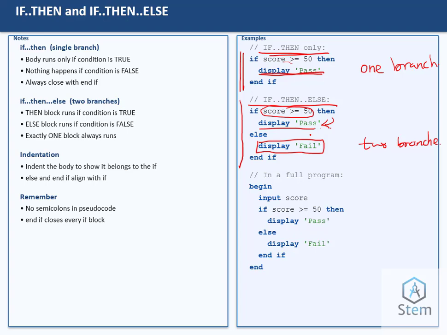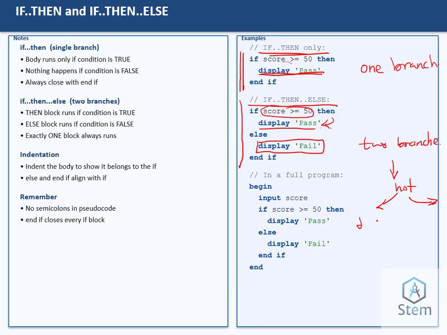Let me give you an everyday example of two branches. If the weather is hot, no jacket. If the weather is not hot, jacket. That's a simple two-branch example.